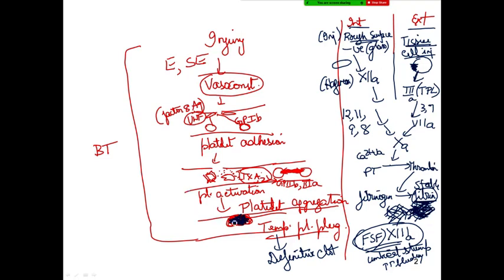Why? Because it gets deposited on the temporary plug and traps other cells, so the clot solidifies and stays in place for a longer time. Did I answer your question? Yes, thank you.